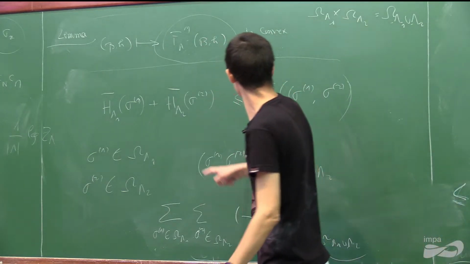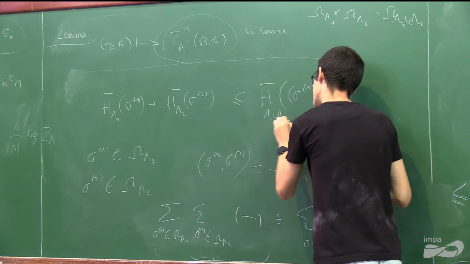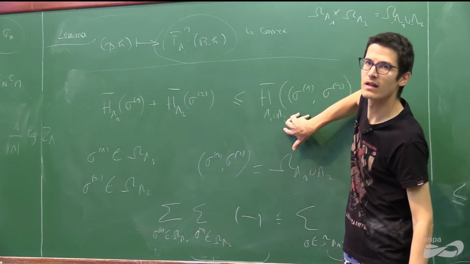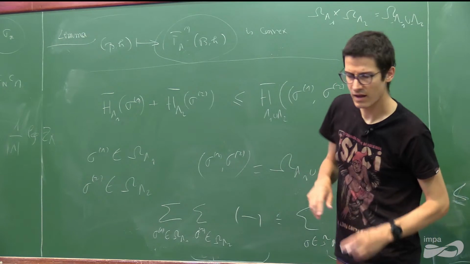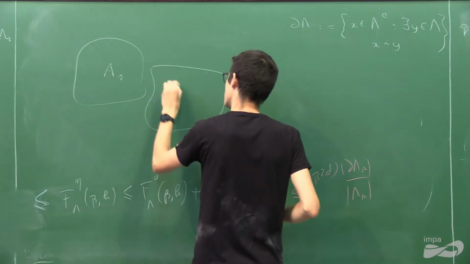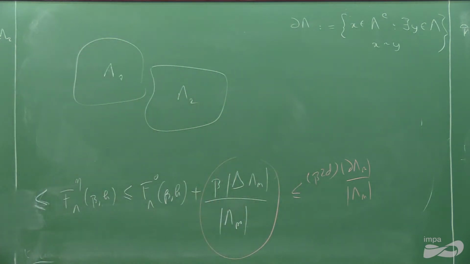So what's the difference between this and that? You have lambda 1, which is here, lambda 2, which is here.